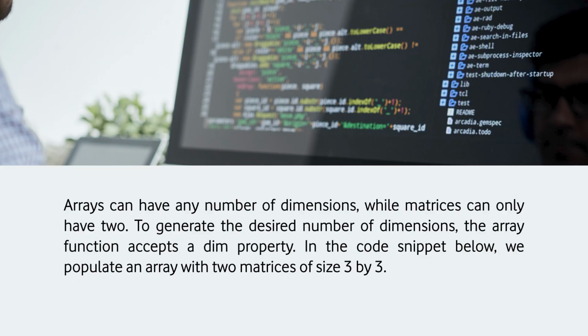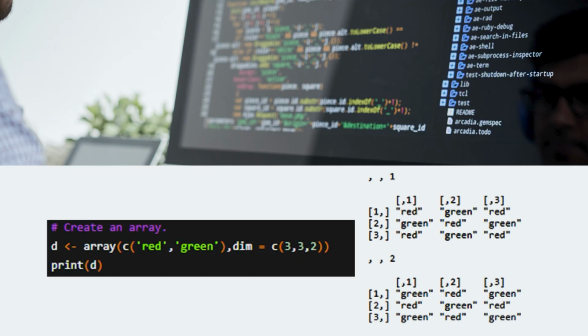To generate the desired number of dimensions, the array function accepts a dim property. The dim property is referred to as the dimension property. In the code snippet, we populate an array with 2 matrices of size 3 by 3. In the example here, we've taken a variable d.